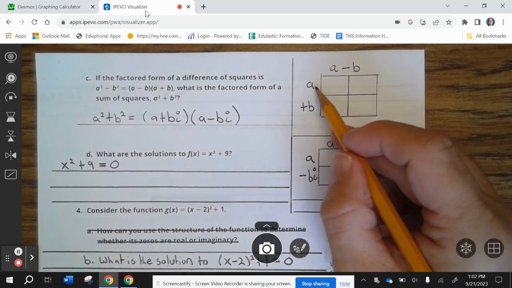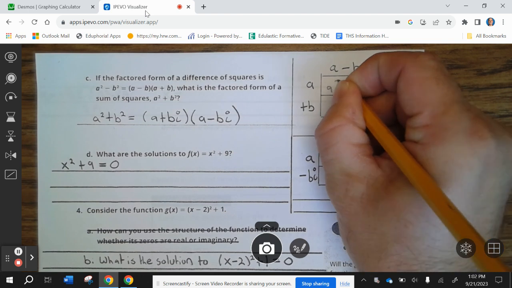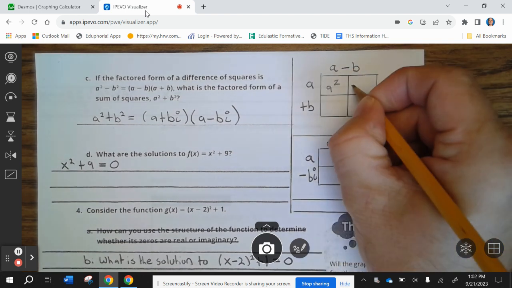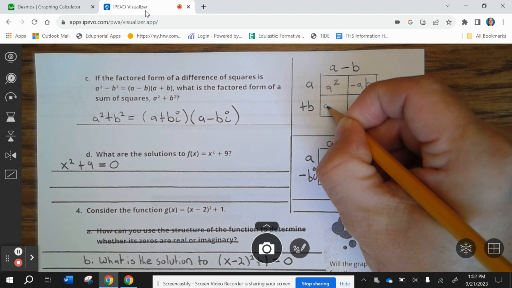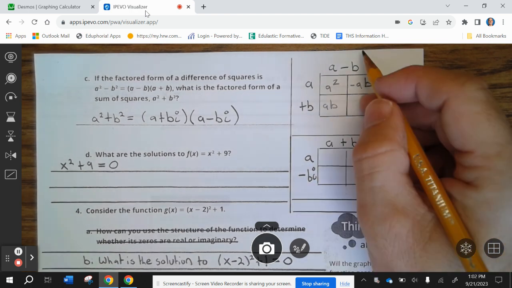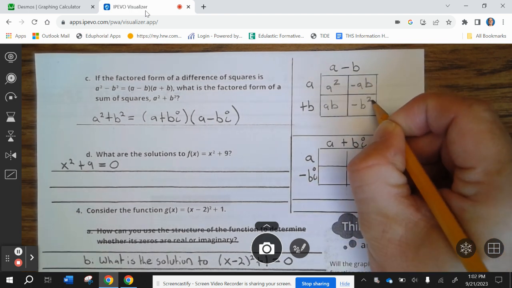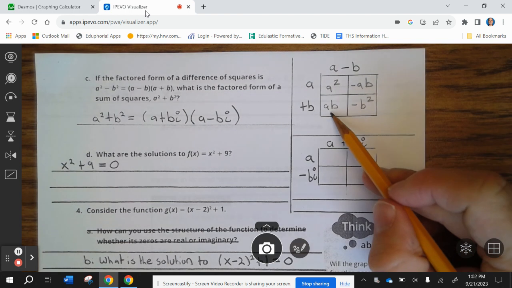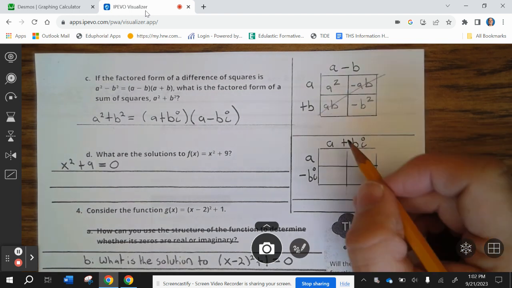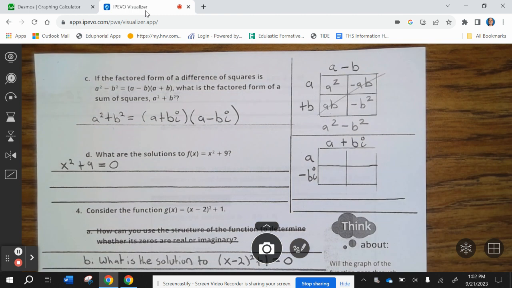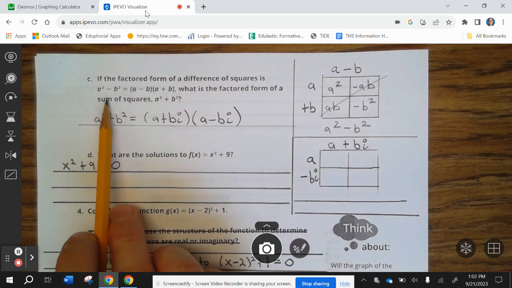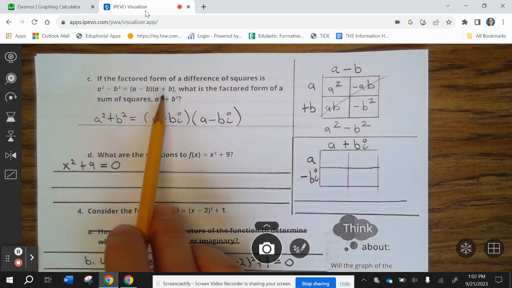So a times a is a squared. a times negative b is negative ab. b times a is ab. And then b times negative b is negative b squared. Well, negative ab and ab cancel, so you're left with a squared minus b squared. So that's why a squared minus b squared equals a minus b times a plus b.